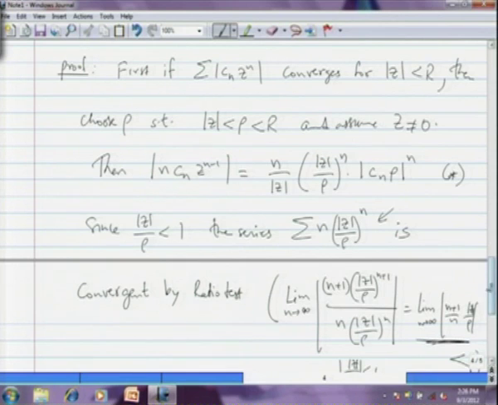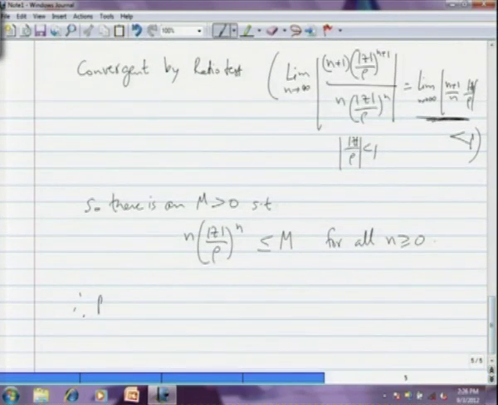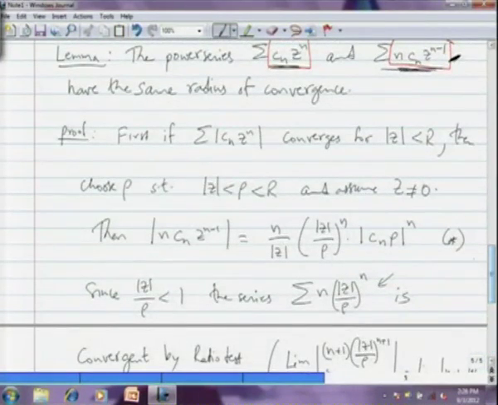So, by star, what we can say is that the modulus of n C n z power n minus 1, let me go back to star, so I have clubbed these terms.